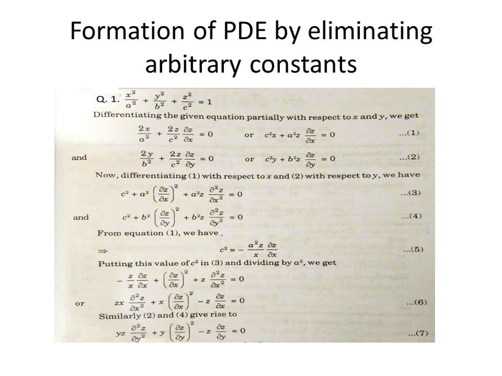So we obtained the value of c square, that is the value of c ultimately, in the form of equation 5. Substituting this value of c square in equation number 3 and dividing the whole equation by a square, we obtained minus z by x del z by del x plus (del z by del x) whole square plus z (del 2z by del x) whole square equals 0.